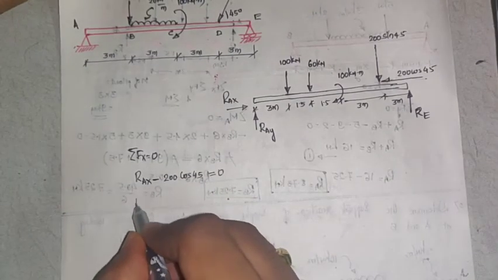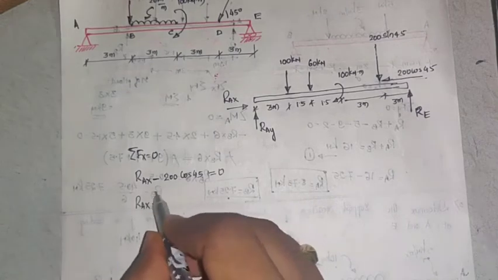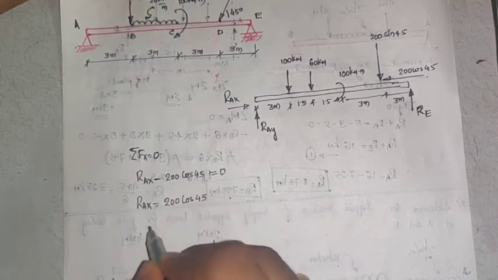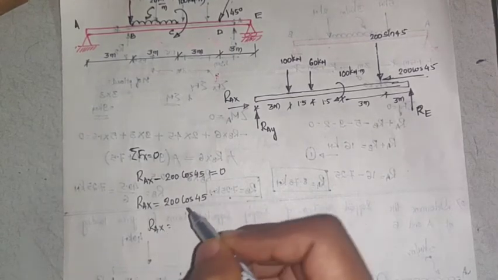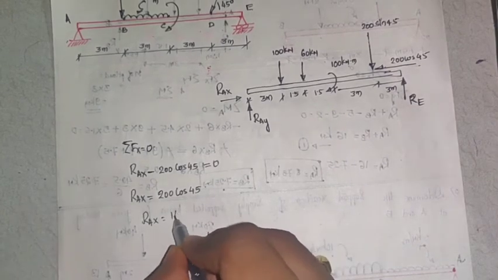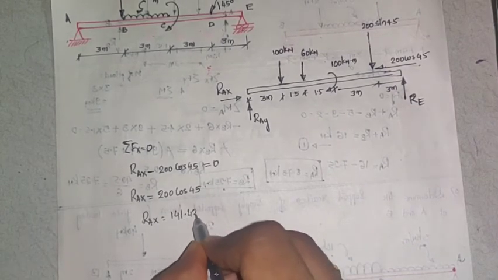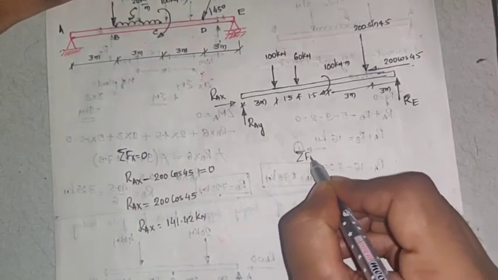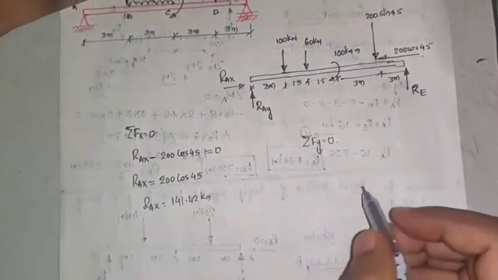Only 2 forces, and this is equal to 0. Now what is RAX equal to? This goes to the other side, so it will be plus 200 cos 45. So the value of RAX is 141.42 kilonewton.